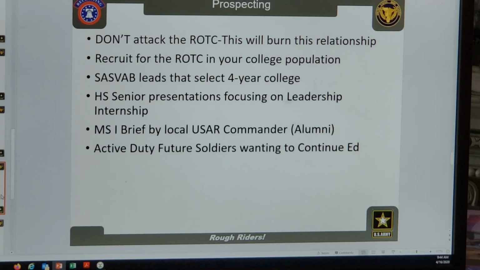High school senior presentations focusing on leadership internships, because that's essentially all we're talking about with SMP. Somebody who is an 09 Romeo cadet within the TPU is following around that officer, learning the ways of officers, learning how the military decision-making process goes into writing an op order, but for real, not just in the classroom, not just in the lab.